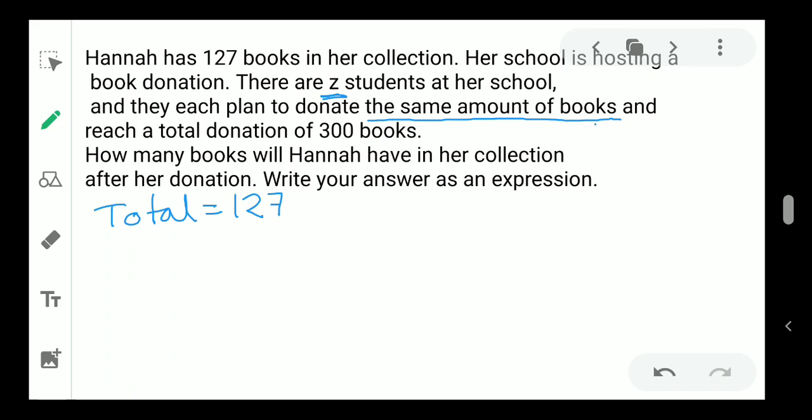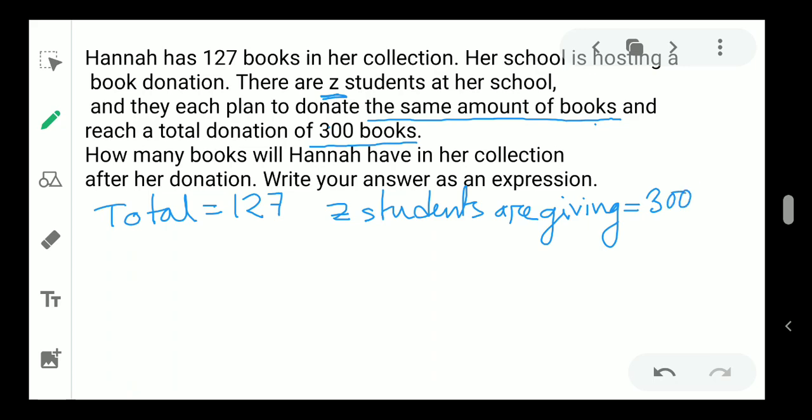See, they each plan to donate the same amount of books. The same amount of books is an important phrase. Why? You will know. And reach a total donation of this many books. So Z students are giving a total of 300 books. So I'm writing here, Z students are giving 300 books.